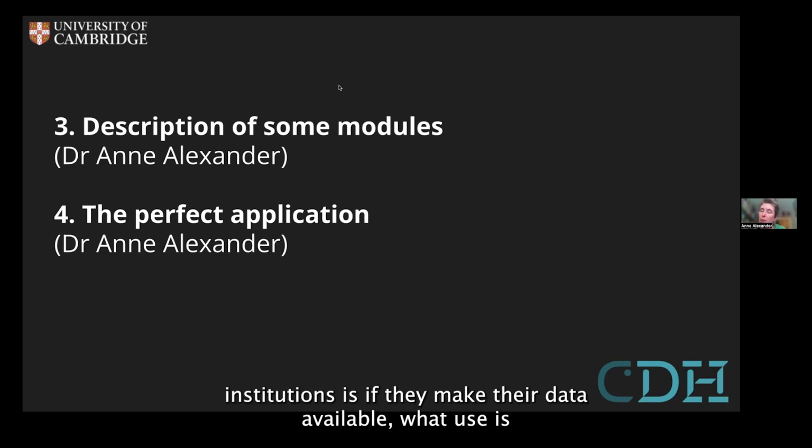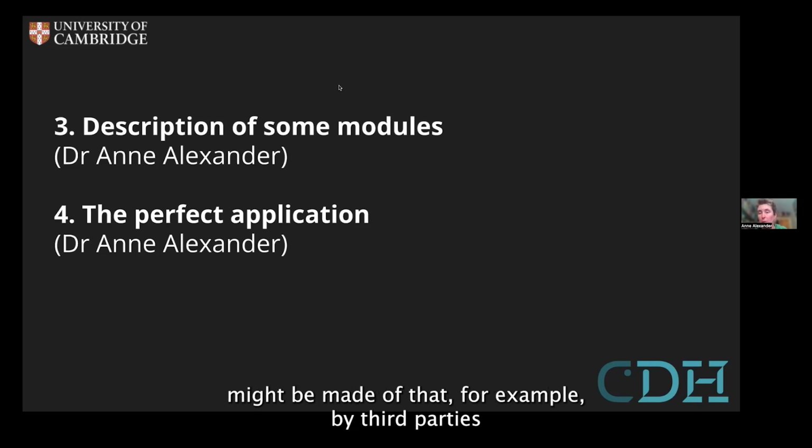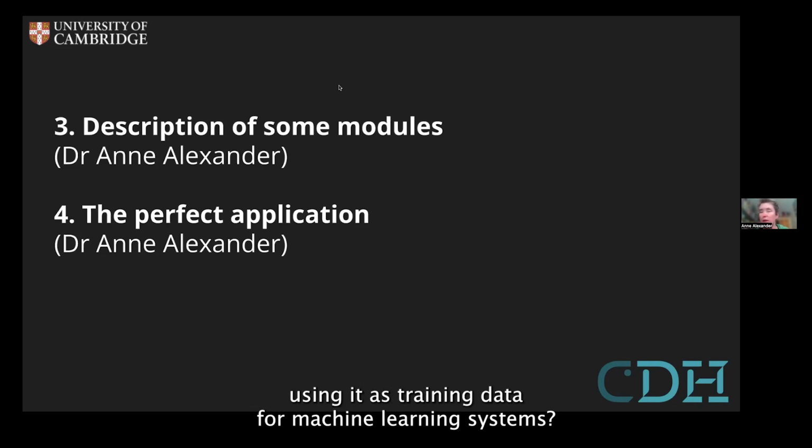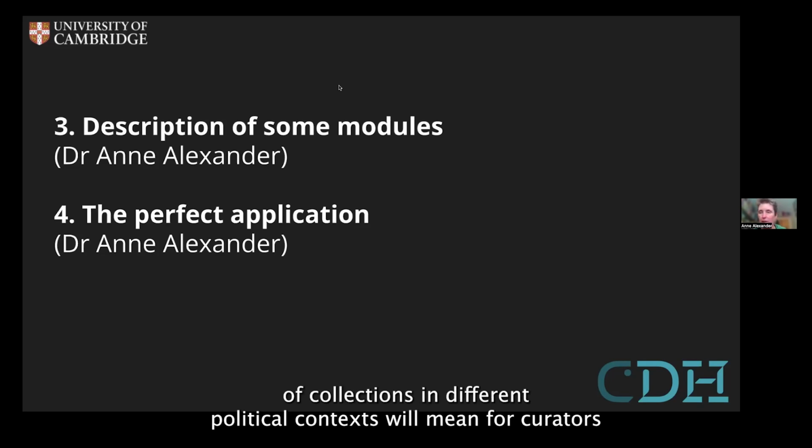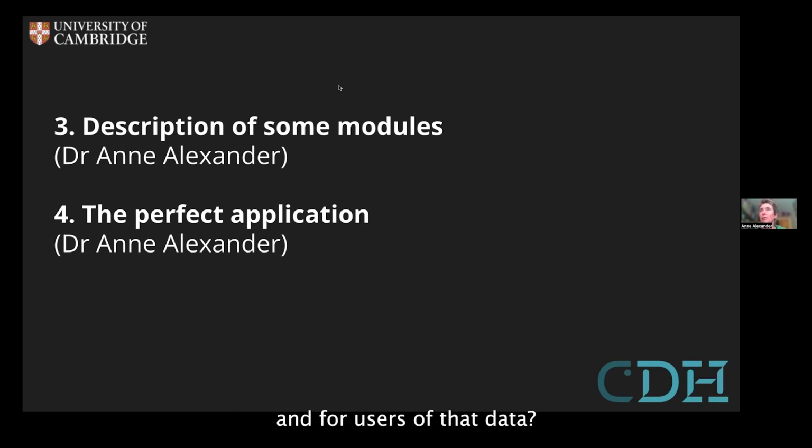institutions is, if they make their data available, what uses might be made of that, for example, by third parties using it as training data for machine learning systems, or what the question around the contextualization of collections in different political contexts will mean for curators and for users of that data.